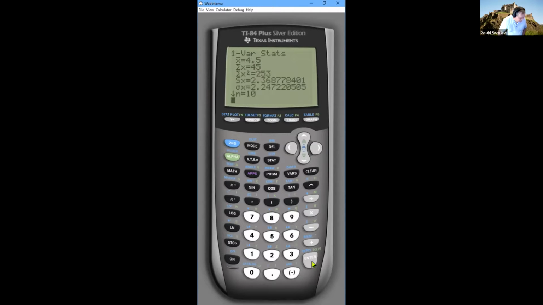If I scroll down to the bottom, we have a minimum of 1, a Q1 of 3, a median of 4, a Q3 of 5, and a maximum of 10.